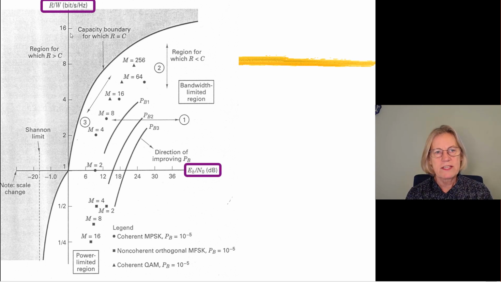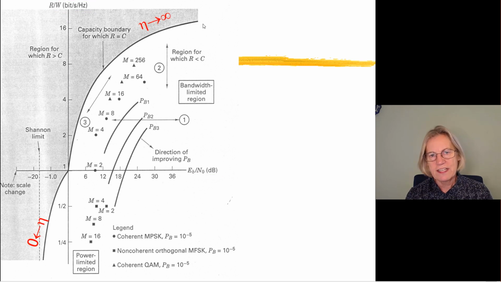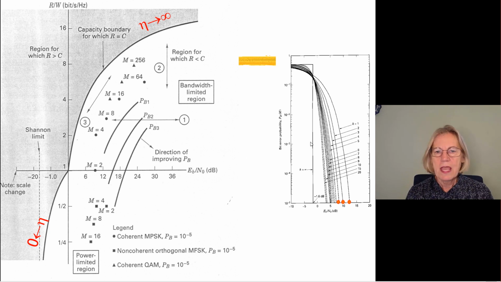Again, EB over N0 versus R over W. Don't forget that in this region we're getting to infinite spectral efficiency, whereas in the other region here it is 0 spectral efficiency.